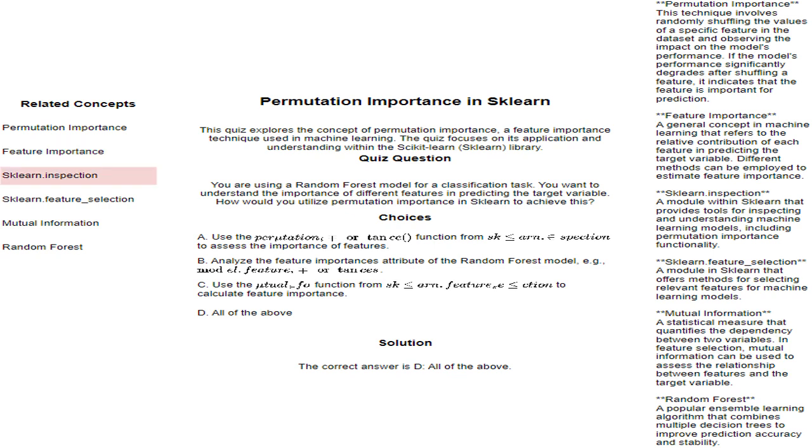sklearn.inspection. The sklearn.inspection module in sklearn offers tools for inspecting and understanding machine learning models. It provides functions like permutation_importance, which is specifically designed for calculating permutation importance, and other visualization and analysis methods. sklearn.feature_selection. The sklearn.feature_selection module in sklearn contains methods and techniques for selecting relevant features from datasets.